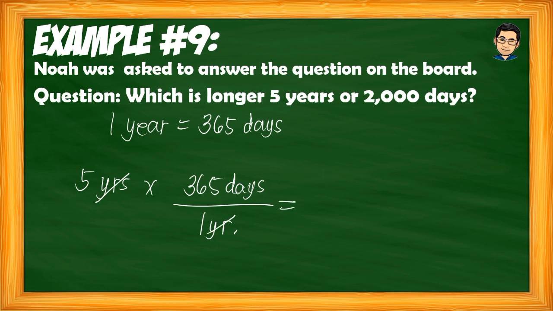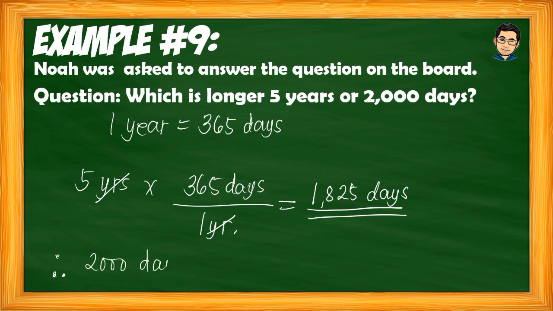So, 5 times 365 days, that is 1,825 days. So, ibig sabihin po, mas mahaba po yung 2,000 days kesa sa 5 years. So, pwede nating isulat na ganito. 2,000 days is longer than 5 years.